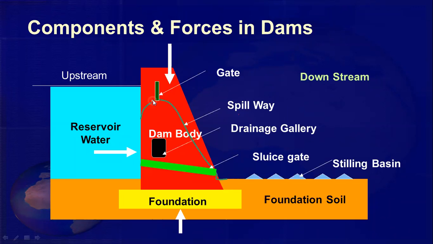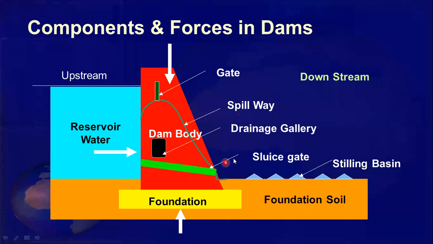Now, there is a spillway, and for that spillway, the gate is there, which is nothing but the main gate of this dam. And for this gate, you have the lifting devices to lift that gate.